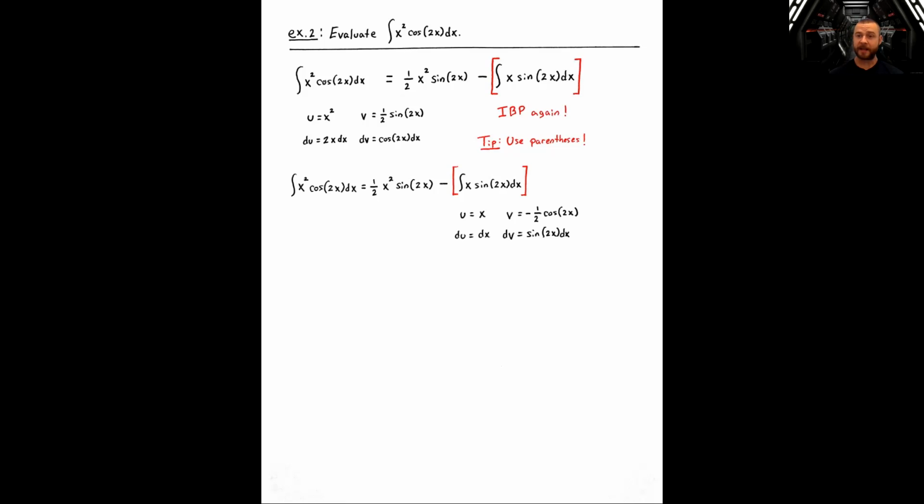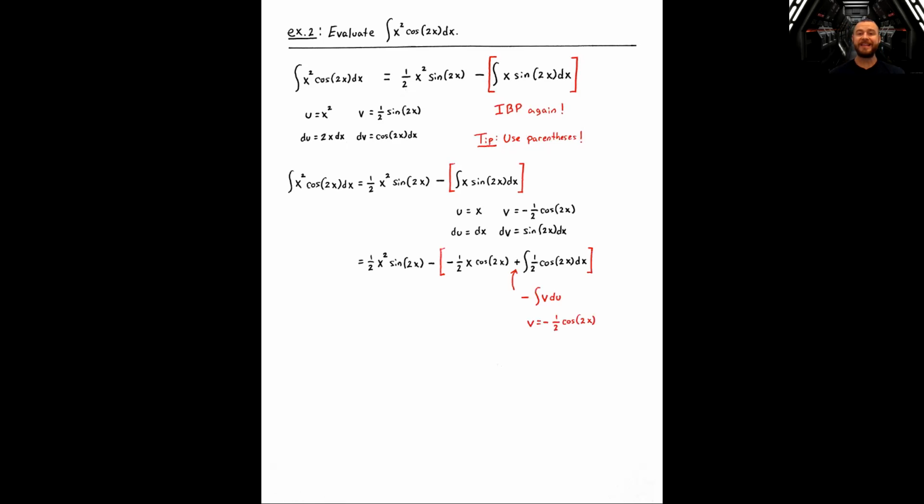Now, within the brackets for that integral, we apply the integration by parts formula again. That integral in the brackets now becomes equal to your second choice for uv minus the integral of v du. Now, I want to point out a sneaky little calculation I did here.